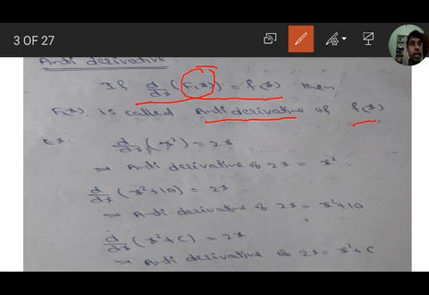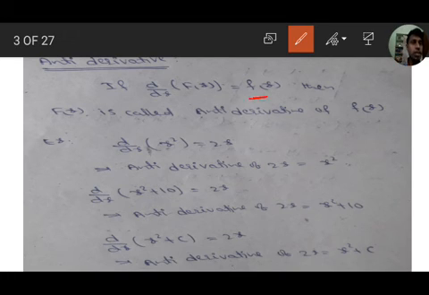Means small f of x is the derivative of capital F of x, and capital F of x is called an antiderivative of small f of x.